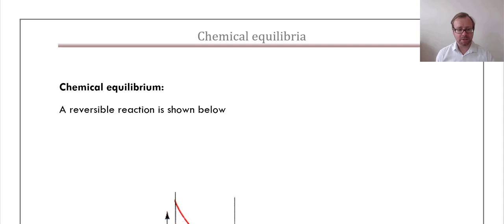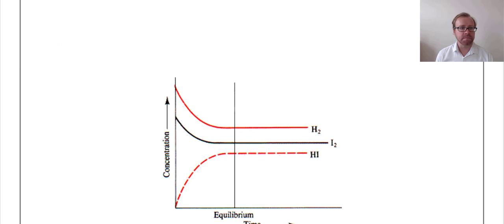Okay, so chemical equilibria. We have a diagram here. This is an example of a reversible reaction, and it's shown below on this graph. I'm just going to write the actual chemical equation here.